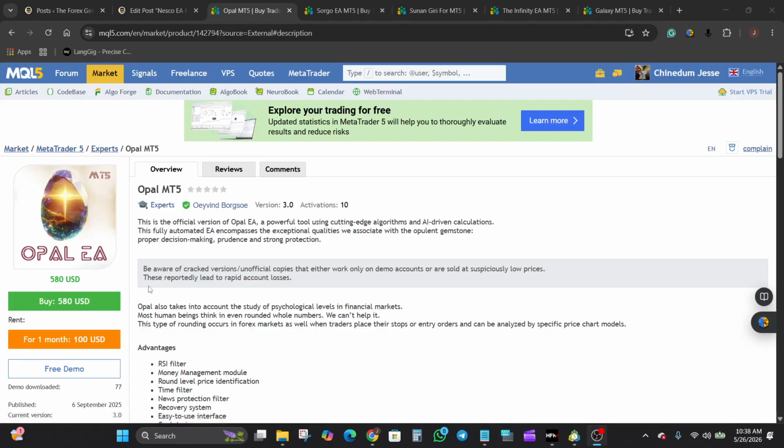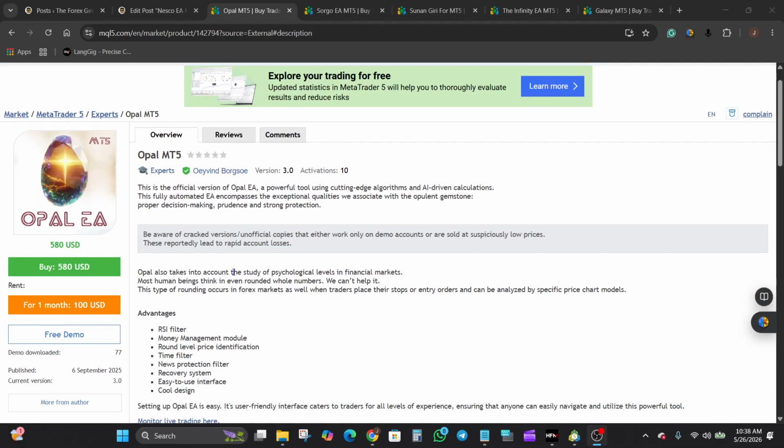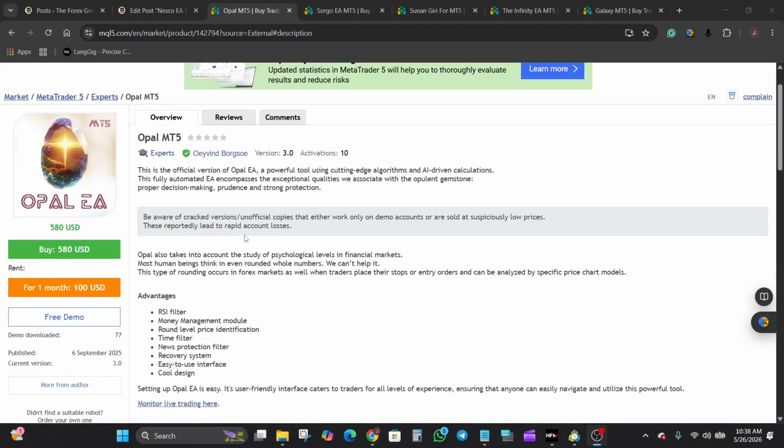From what I can see here, this EA is presented on the MetaTrader Marketplace, though the page doesn't clearly separate platform versions in the text I'm reviewing. So I'll treat it as a MetaTrader based automated system available through MQL5.